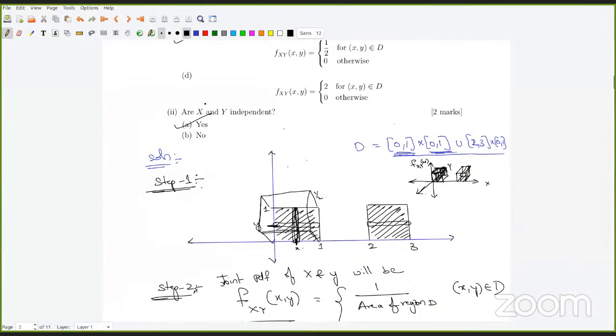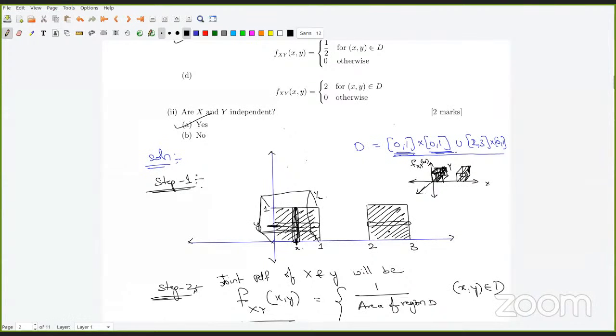Here also there's a union, so I'm not getting the importance of this 1 to 2 region we are not taking. It's separated, but still it's independent. I'm getting confused. See, it's not about the separation. From the diagram itself, whatever value of y I take between 0 and 1, x can take values from 0 to 1 and 2 to 3.